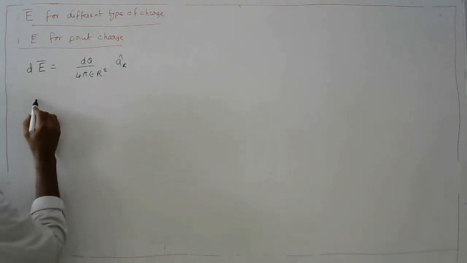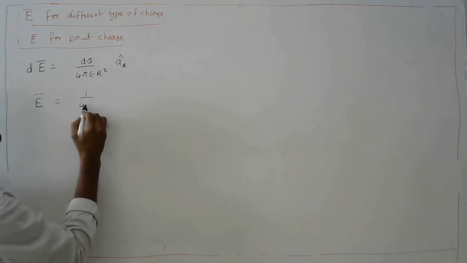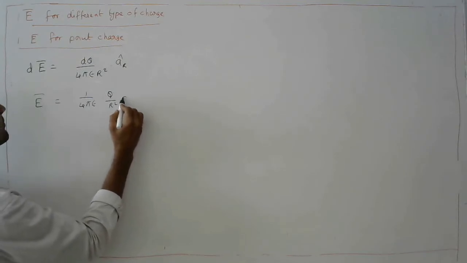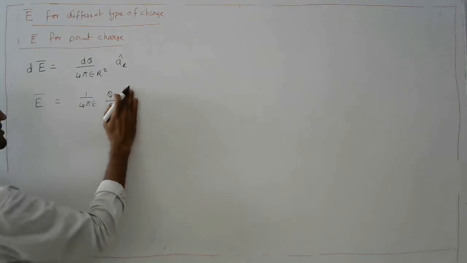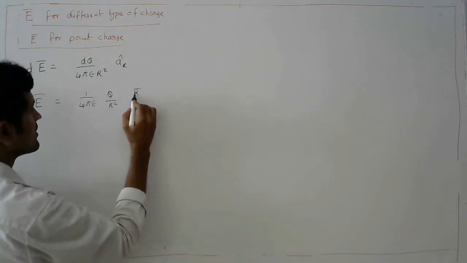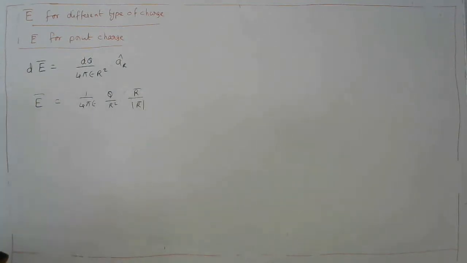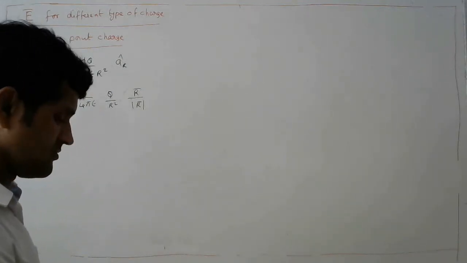E bar you can define as 1 by 4 pi epsilon into q by r square into ar cap. This ar cap you can also write as r bar by modulus of r bar. This is the expression for electric field intensity for a point charge. Point charge is very simple.